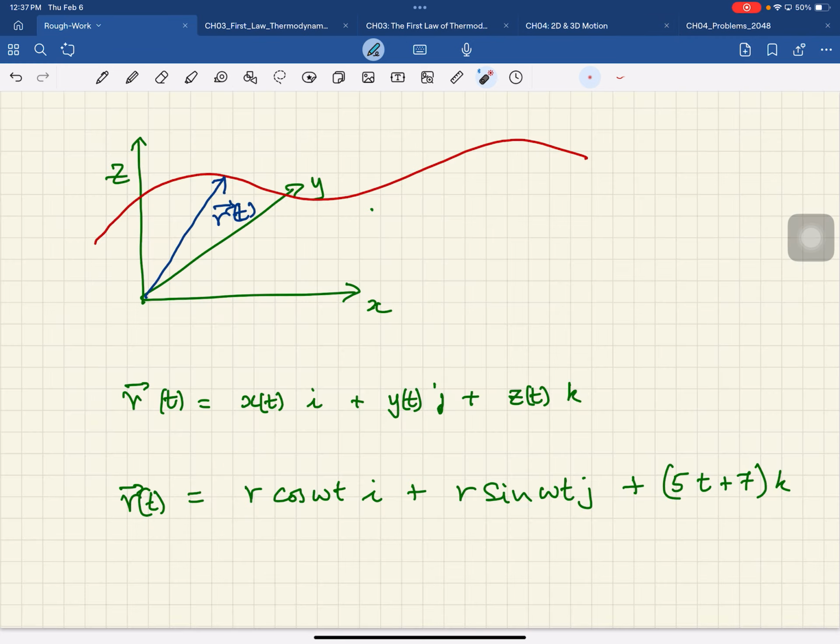Right, so let's do this. Let's calculate the velocity for this function. Okay, so who can help me out with the derivative of this guy? That is the x function, the x coordinate as a function of time. What is the derivative of that? R is a constant.